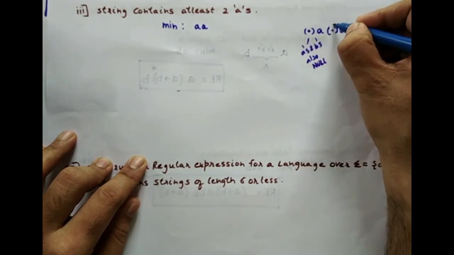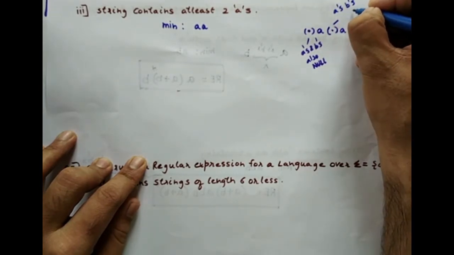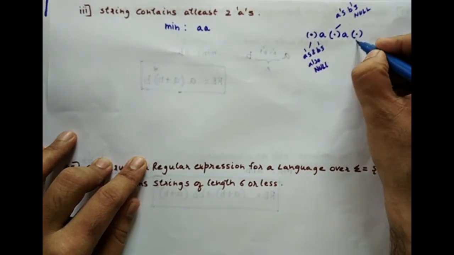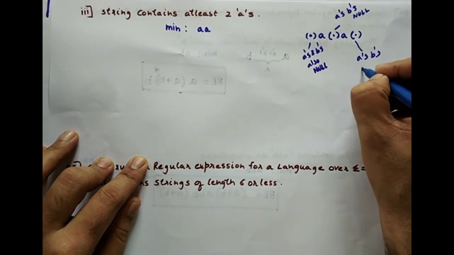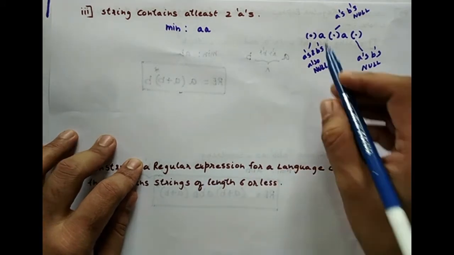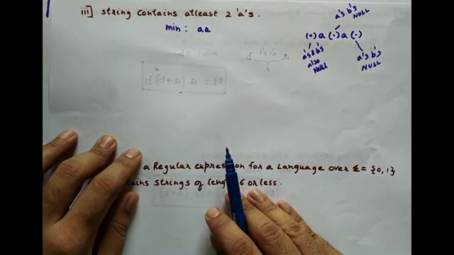So also this part, any combination of a's and b's, and also null. And also this part, any combination of a's and b's, and also it could be null. Fine. So when all these three are null, then you get the minimum possible string, right?